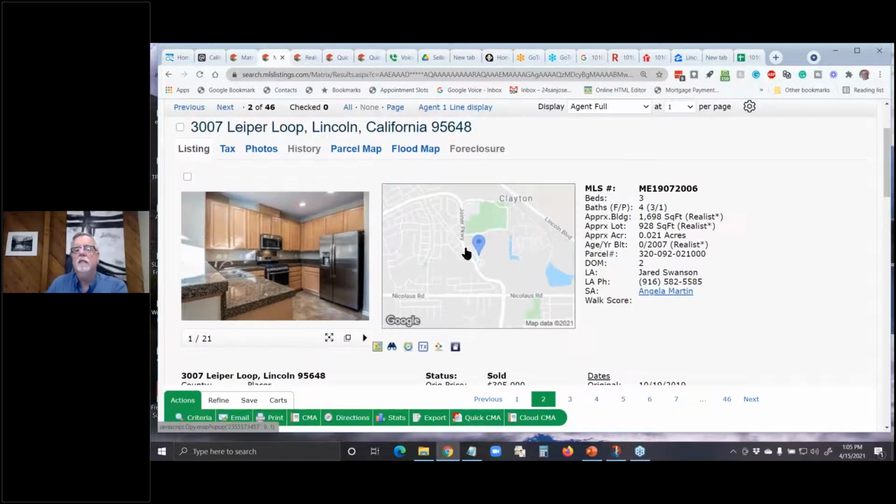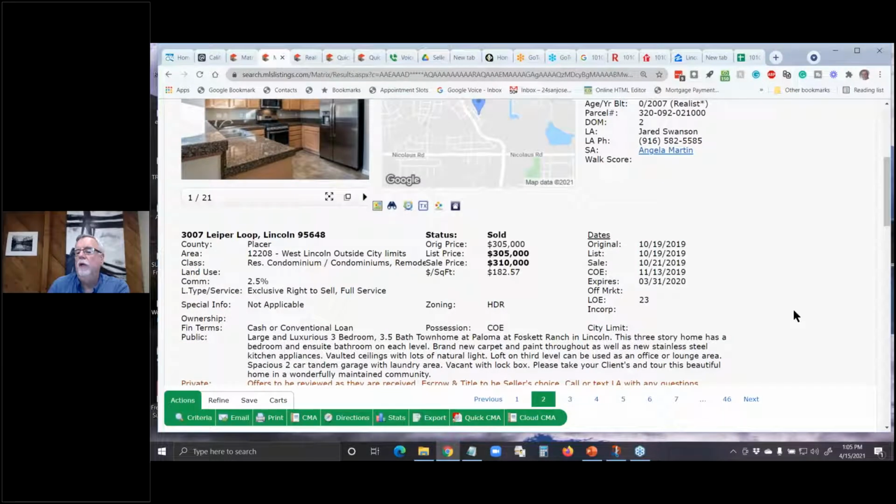By the way, does this help us? Knowing that it closed escrow back then, it was originally sold probably back in October, right, 21st, 2019 for $310. Is there any way we could use that information today? Well, let me ask you this.